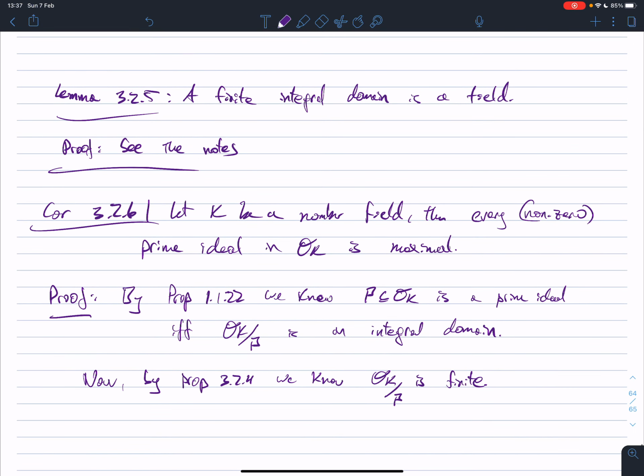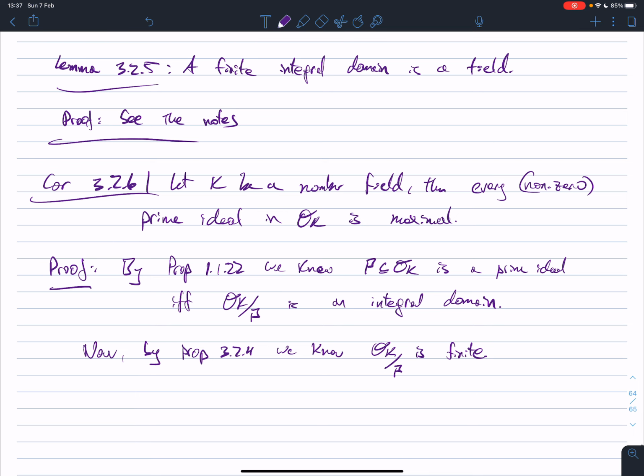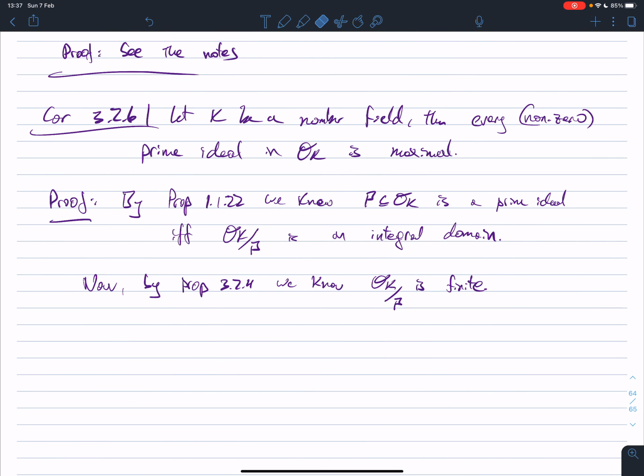So the previous lemma says if I take a prime ideal, then I know the quotient is finite, and because it's a prime ideal, I know the quotient is an integral domain. So this lemma tells me that the quotient has to be a field. Therefore, by lemma 3.2.5, it's a field.